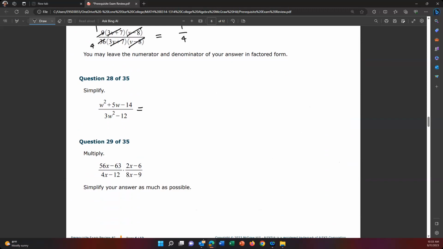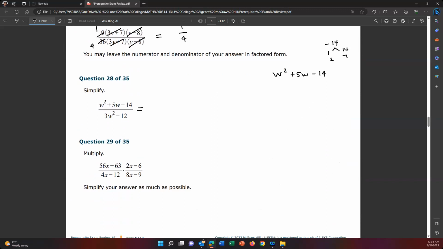To do this, let's see. We have w squared plus 5w minus 14. I'm going to try to go quickly on this one. Hopefully I don't confuse anybody. 1 times negative 14 is negative 14. Factors: 1 and 14, 2 and 7, not 3, not 4, not 5, right back to 7.